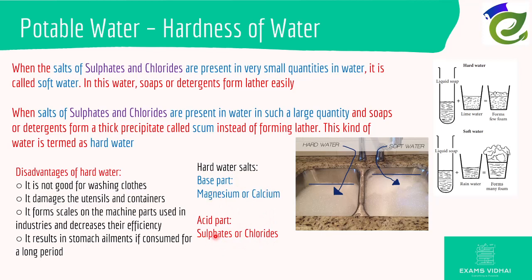Any combination of these four, like magnesium sulfates, magnesium chlorides, calcium sulfates, or calcium chlorides, so there'll be four combinations. If any of these combinations comes up in the options for what is responsible for hard water, that is the right option.